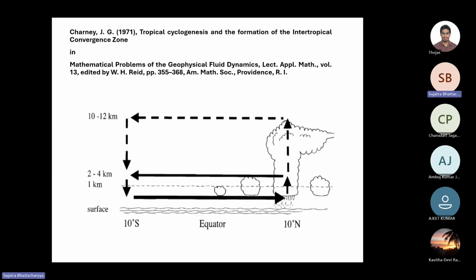Now, all of you must look at this paper. It's a very old paper going back 54 years. Remember, this was an era when computers were hardly there. So Charney developed a very simple model for the ITCZ with a boundary layer a few kilometers deep at the surface, and another boundary layer near the tropopause. In between, there's nothing. It is a very elegant piece of analytical work, using what at that time was called singular perturbation techniques, which were used before computers became common.